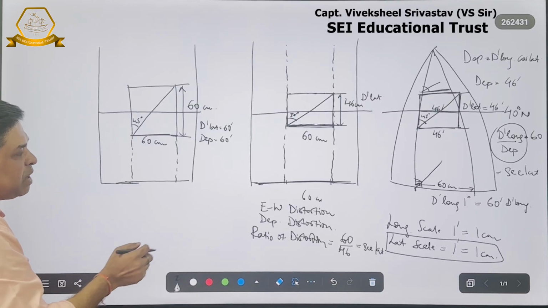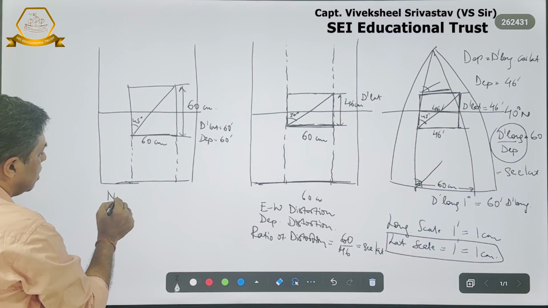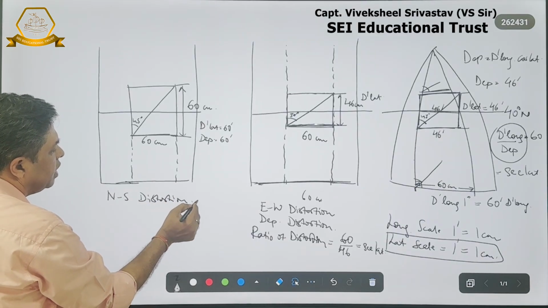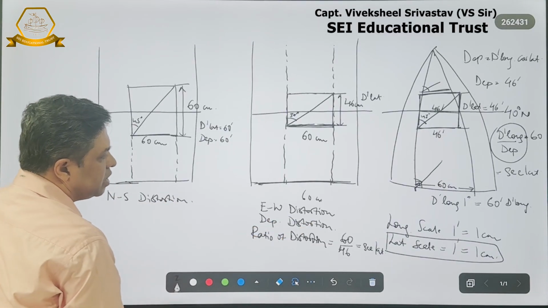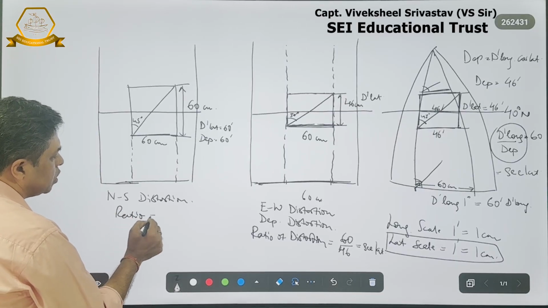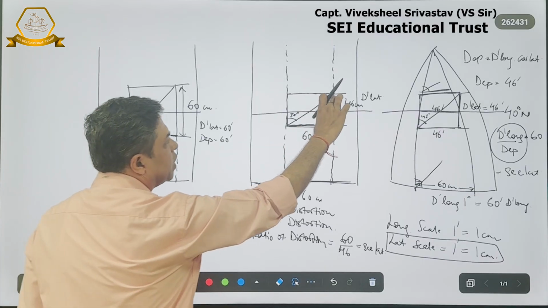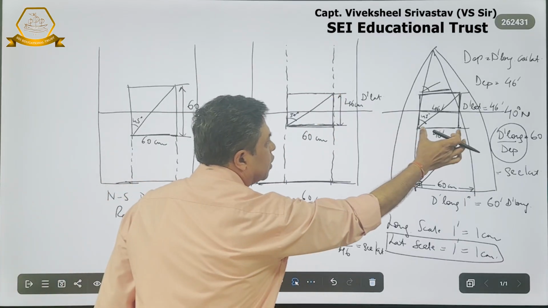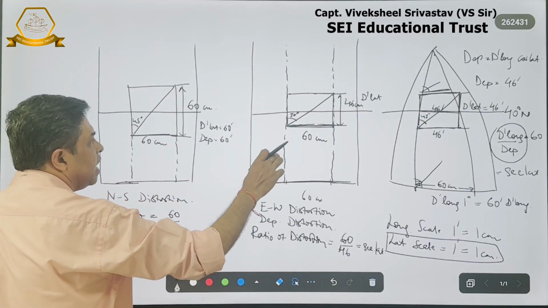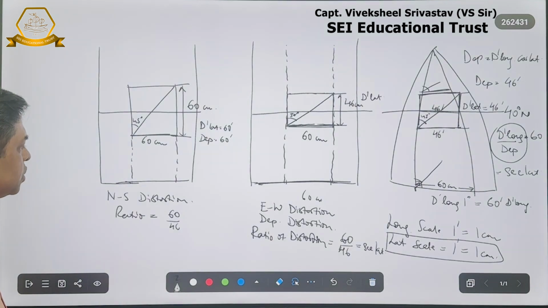All right. And by the way, this north-south distortion is in the same proportion as the east-west distortion. So this north-south distortion ratio is also 60 by 46, because you have made 46 into 60. Here 46 became 60 because of the east-west distortion, and then we made this 46 into 60 and introduced the north-south distortion.